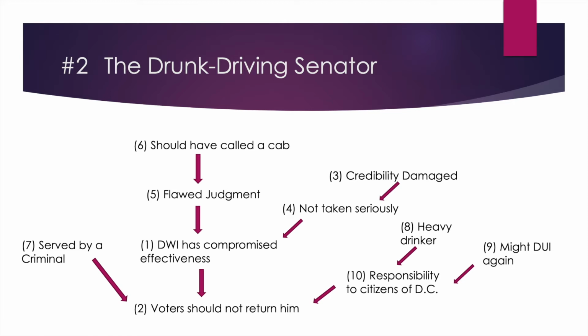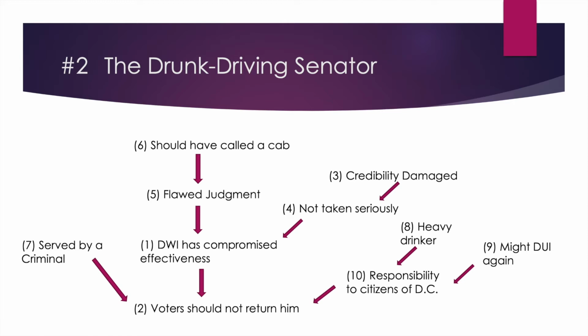But what's the evidence that he has compromised effectiveness? The first piece of evidence is that he has flawed judgment, and that's proven by the fact that he did not call a cab. So we could read this back and it would say, the senator didn't think to call a cab. That shows that he has flawed judgment. If he has flawed judgment, it shows that his effectiveness is compromised, and therefore the voters should not return him.